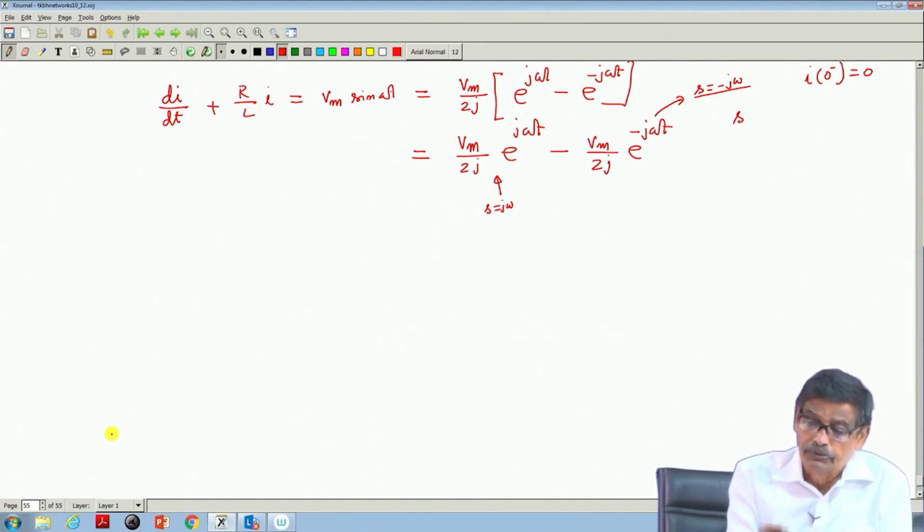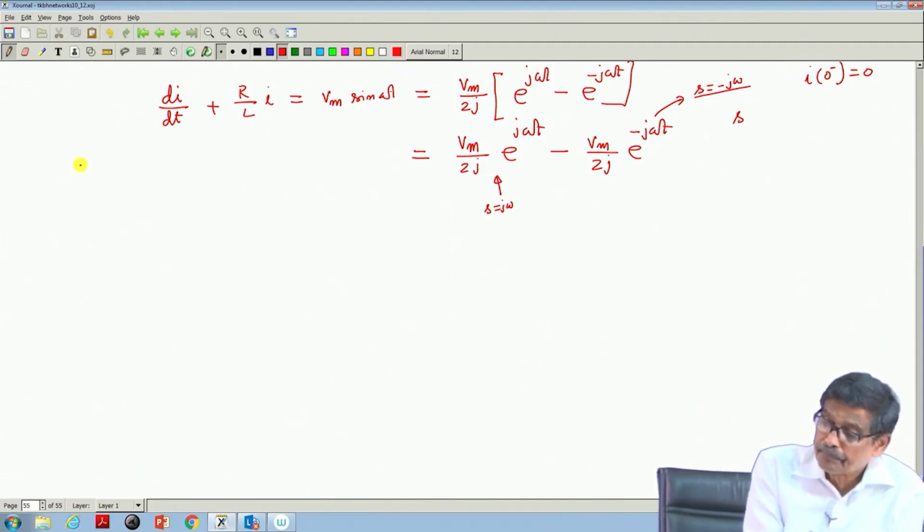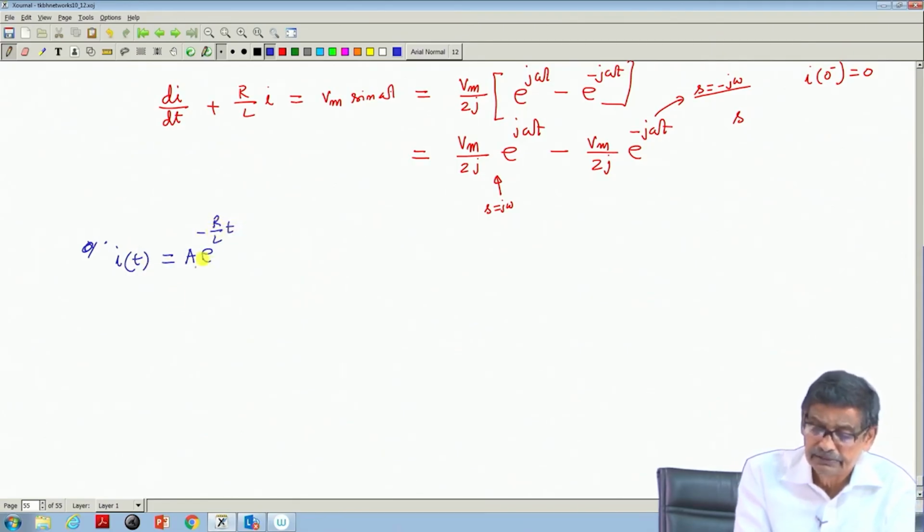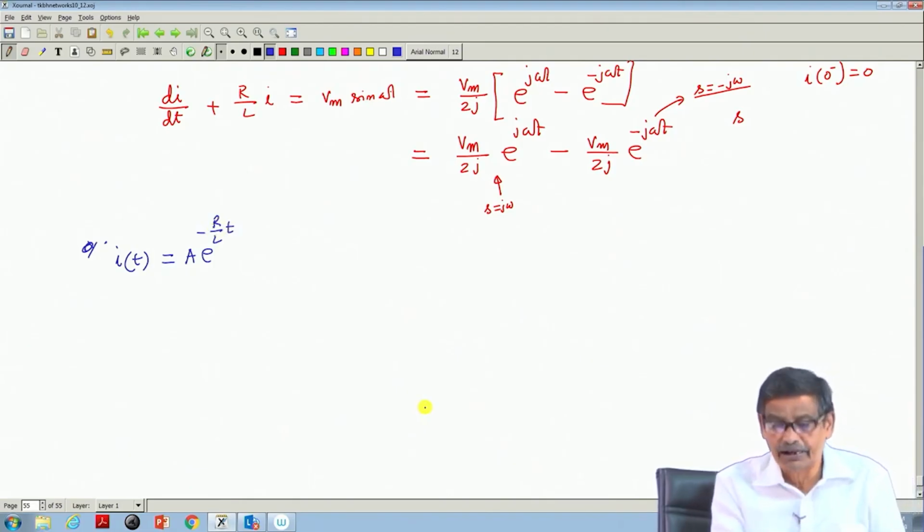So, the solution due to this function, if I want to write it in one stroke, I will write it like this, follow me. I(t) total solution will be equal to e to the power minus R by L t, find out the root, that is the most simplified way.